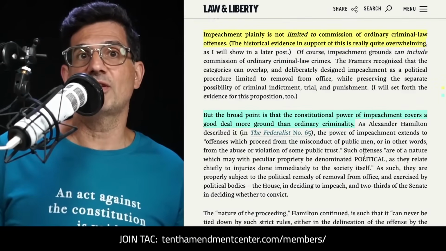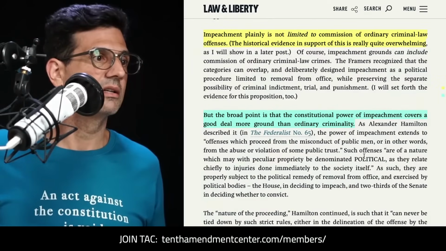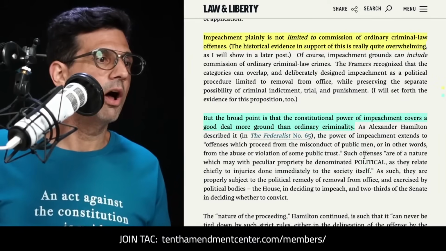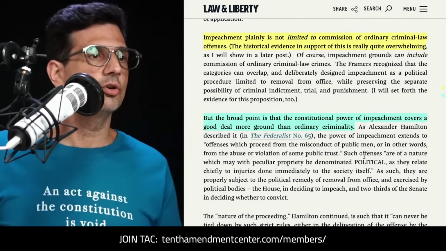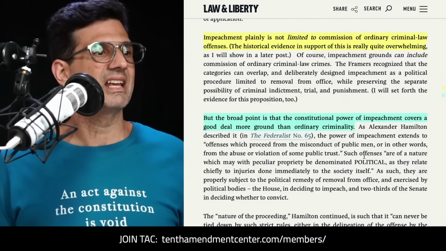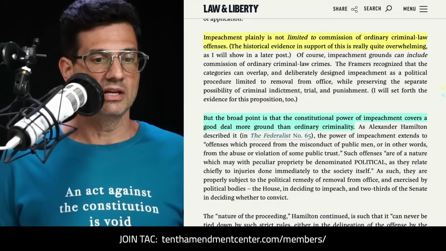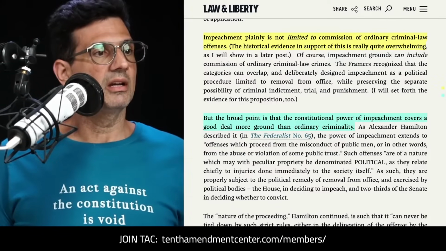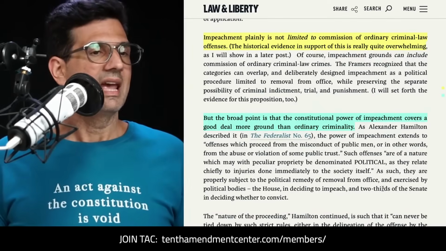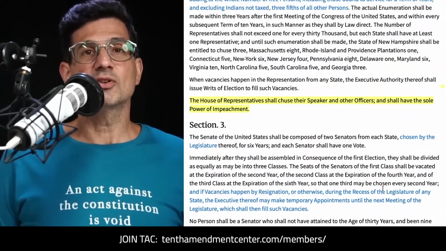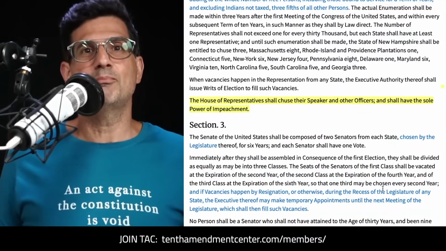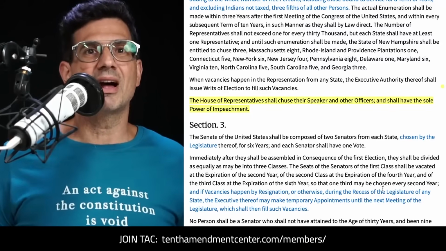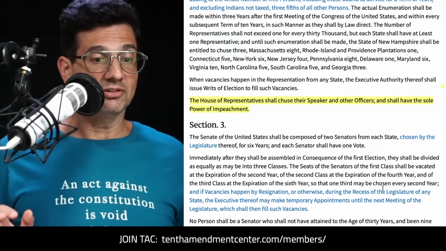I'm going to go through some of that, plus the 7 categories. But the broad point, he wrote, is that the constitutional power of impeachment covers a good deal more ground than ordinary criminality.